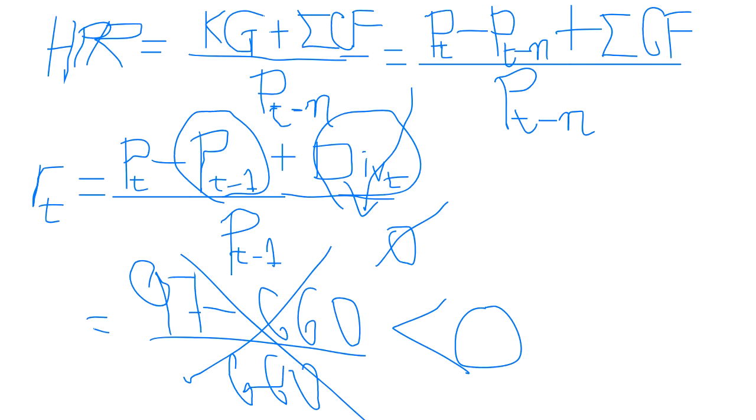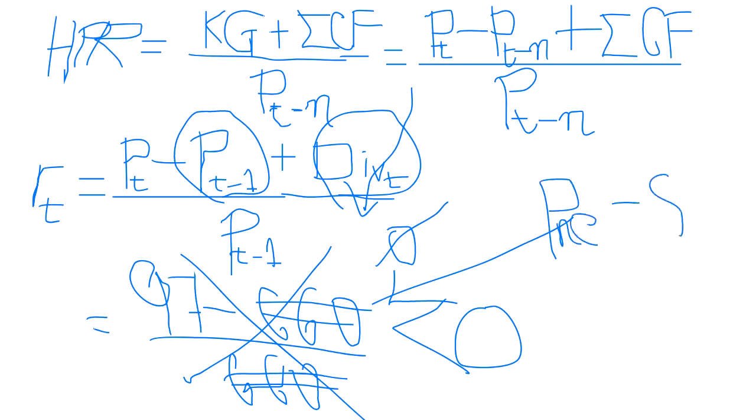So what do you do? You will need to adjust all the pre-split price. This is the pre-split price. You will adjust it to the post-split price, right? Makes sense, so that the data will run smoothly.